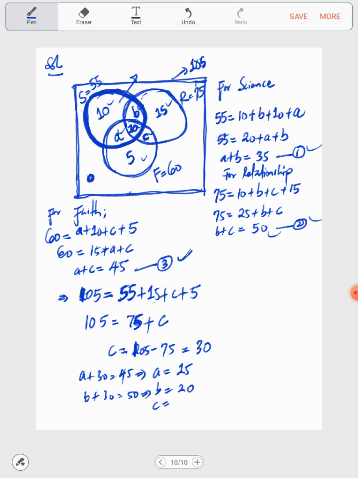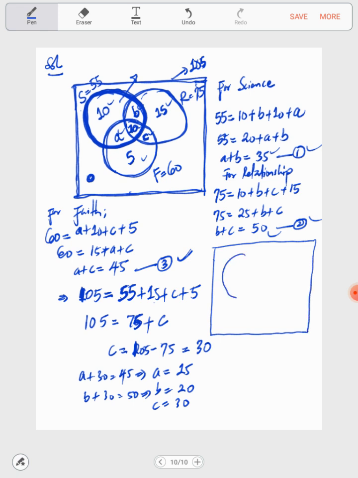And of course, we said c is 30. If you check, 20 plus 15 still corresponds to 35. So we've gotten a, b and c, which are the unknowns. So I can withdraw this.